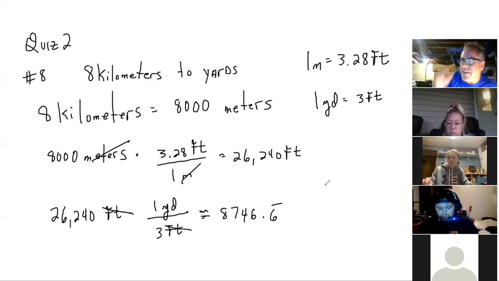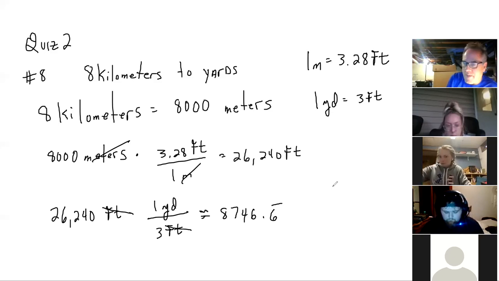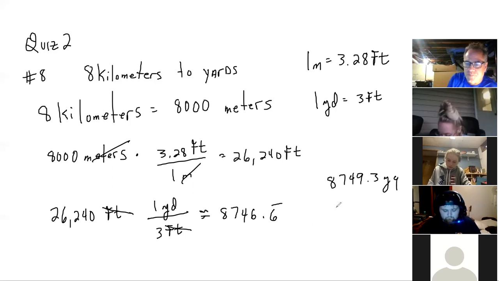They give 3 answers here. Or excuse me, 4 answers here. 3 of them are way off. The answer that is correct is given to be 8,749.3 yards. And you can see where my discrepancy is. This is off by about 3 feet. And I'm not sure why.